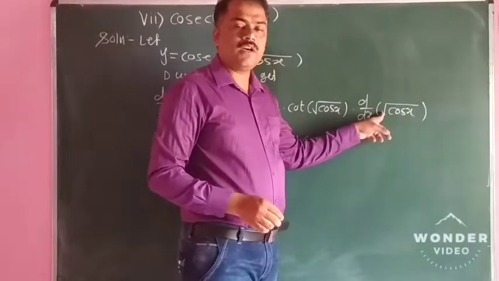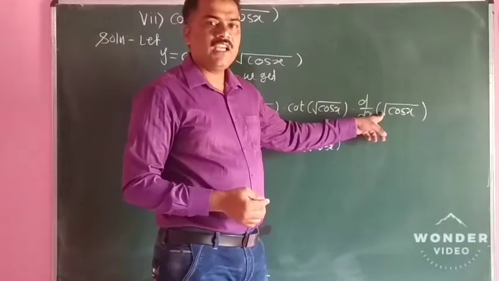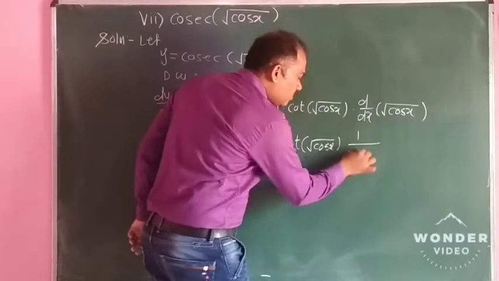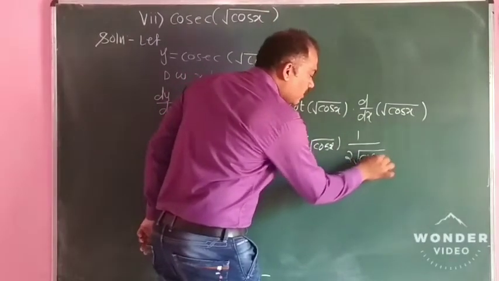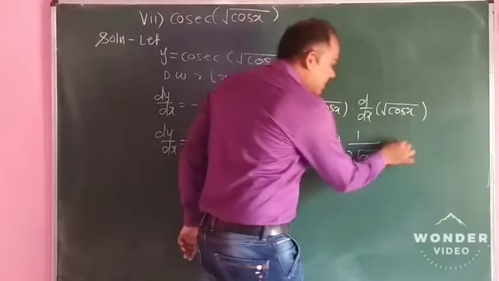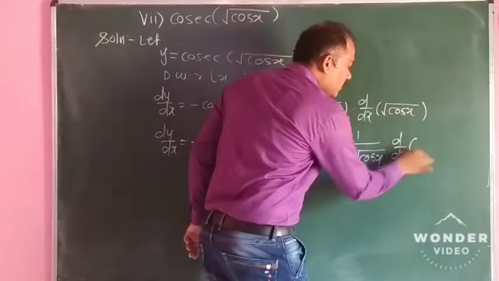What is the derivative of root x? It is 1 upon 2 times root x. It means into 1 upon 2 times root of cos x. Next we take the derivative of cos x, that is d dx of cos x.